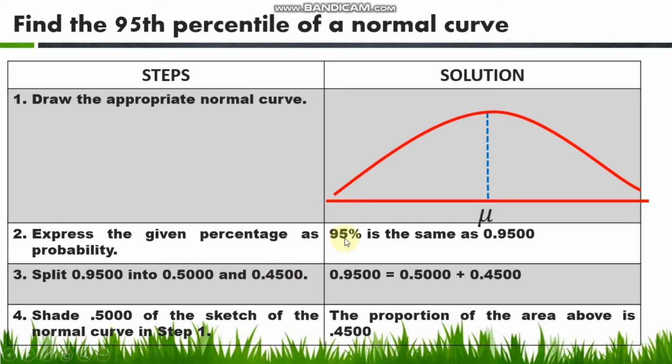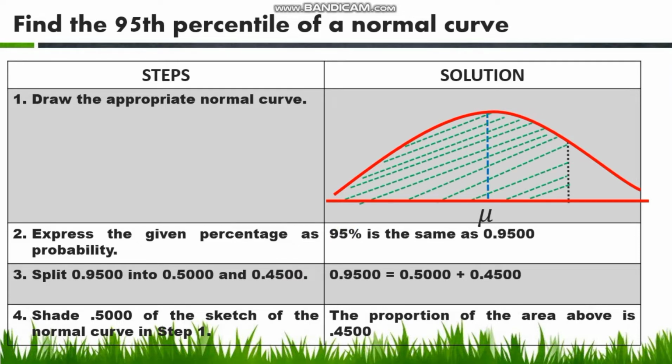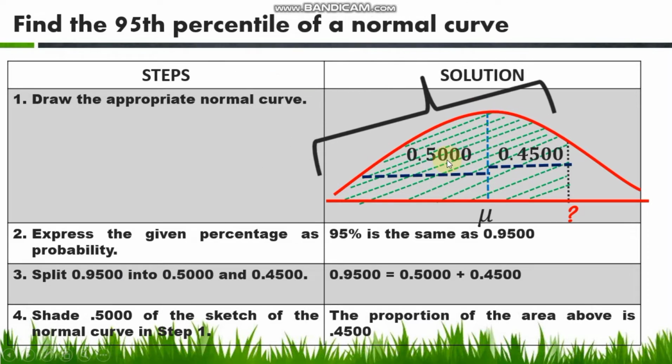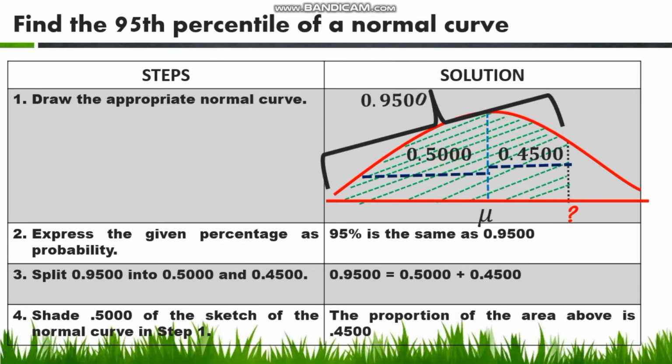We chose 0.5 as the base of the split because we know that half of the distribution is 0.5. If you add 0.45, that is equivalent to 0.9500. So when we add the whole area, it is still 95%, or 0.9500.